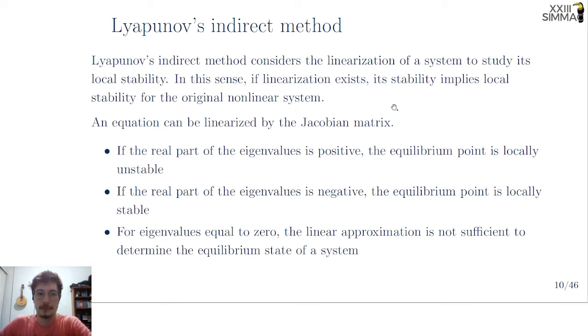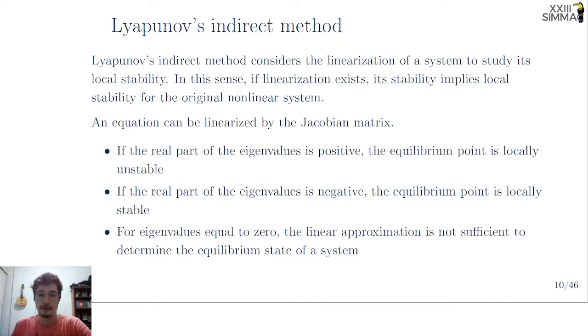Lyapunov's indirect method considers the linearization of a system in order to study its local stability. So if the linearization exists, its stability implies local stability for the original nonlinear system, and an equation can be linearized by the Jacobian matrix.